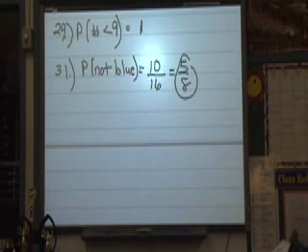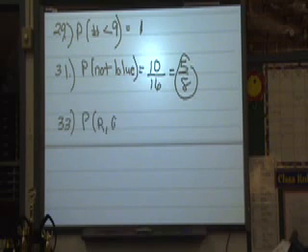Can that be reduced? Number 33. The probability that you have a red, a green, or a white. How many are red, green, or white? Haley? Is that the same as not blue? Yeah. So how many were not blue? 10. Oh, 9. Red. No. Wait, what?